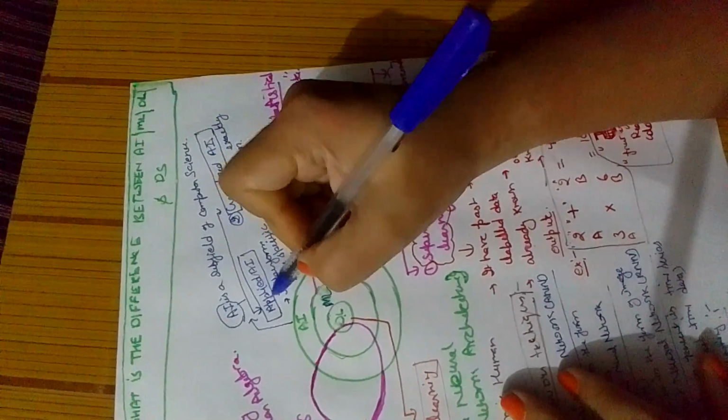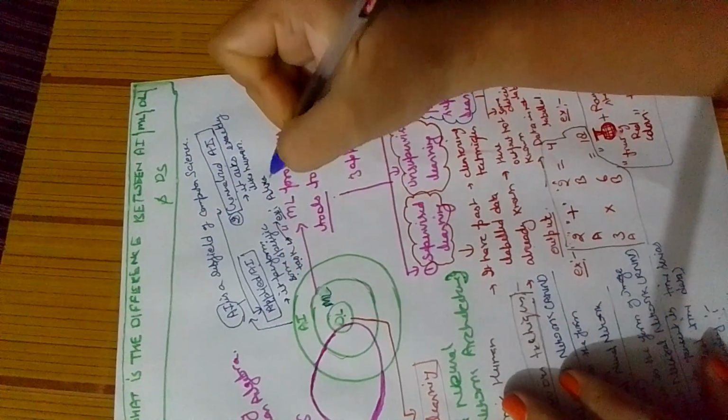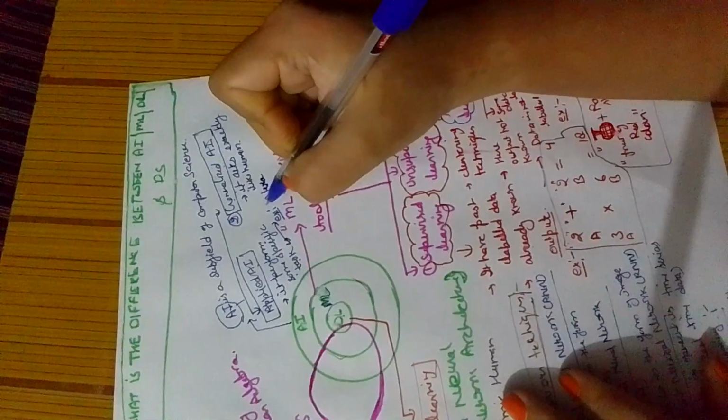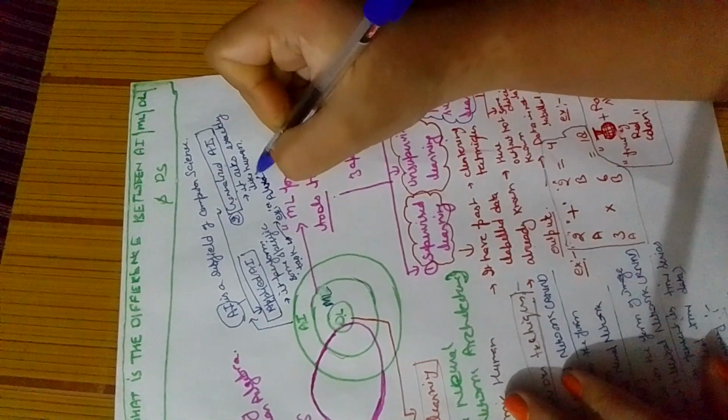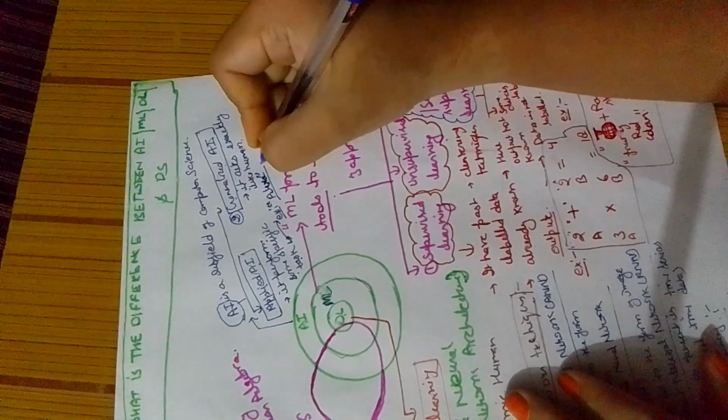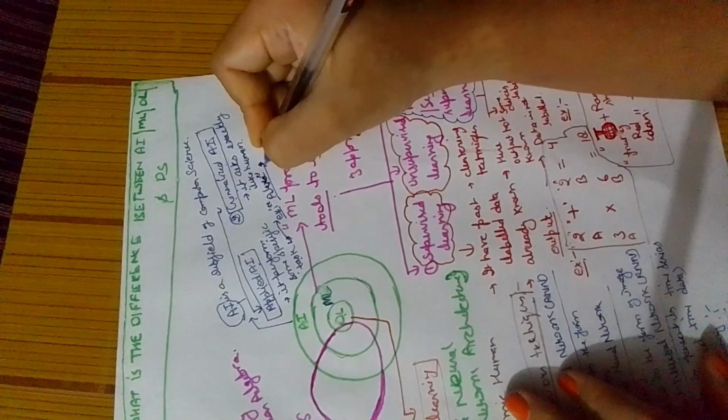Alexa is a speaker-like instrument in many houses now, also in India. They just give a command to Alexa and Alexa performs that specific task for the human.